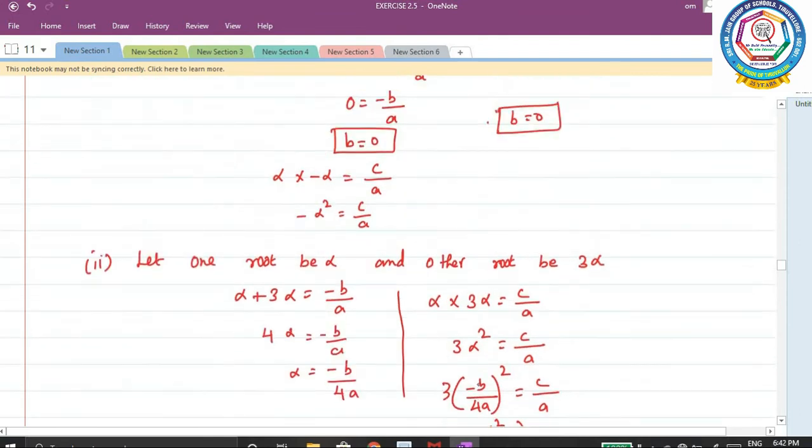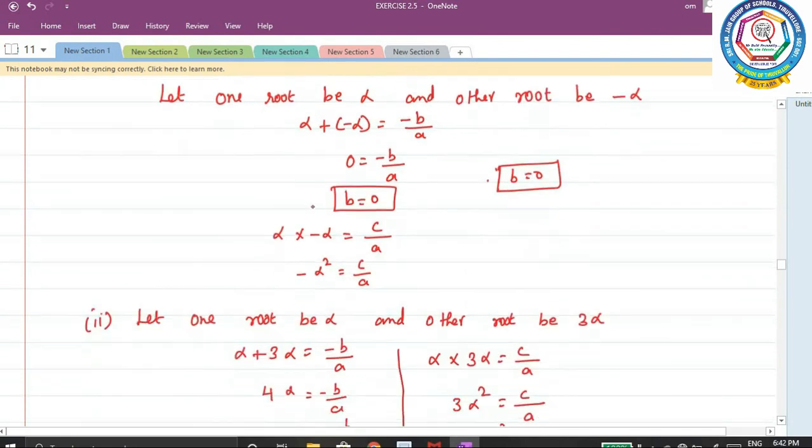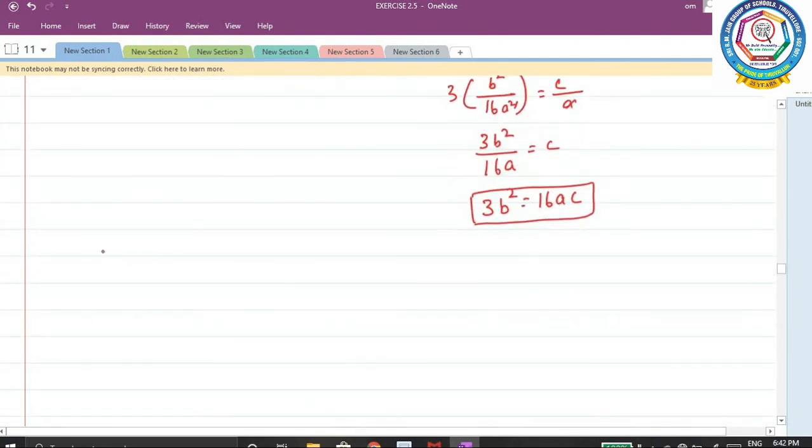Next, third one. Reciprocal of the other. So, third subdivision. Let one root be alpha and the other root be the reciprocal, meaning 1 by alpha. We have to find the sum of roots.